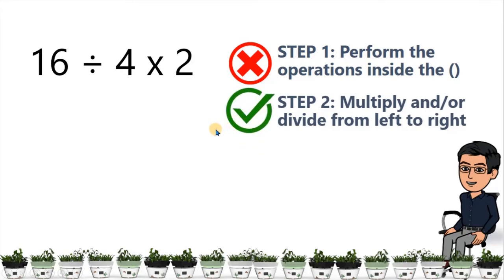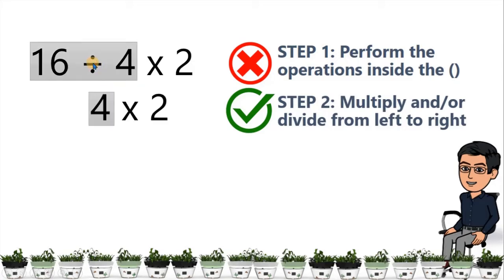So what do we do now? Again, we have to work from left to right. So therefore, we have to divide first before we multiply. And what is 16 divided by 4? 16 divided by 4 is equal to 4.